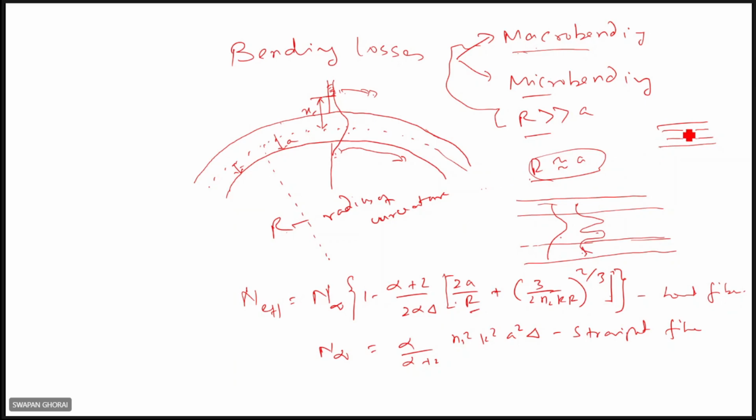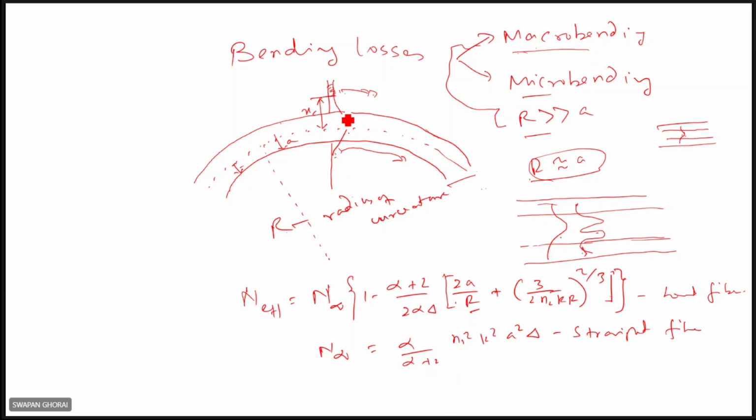Some portion of the wave will propagate in the cladding, and the maximum will be in the core, whether it is multi-mode or single mode fiber. Now, if a certain bending is there, suppose these are the two sides, then the distance along this side and along this side will be different.